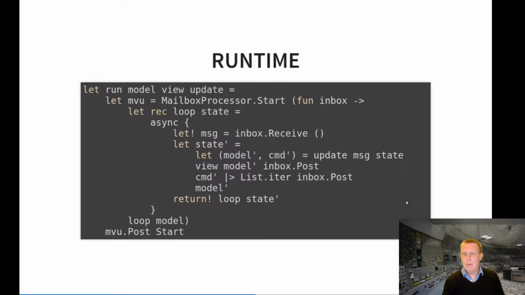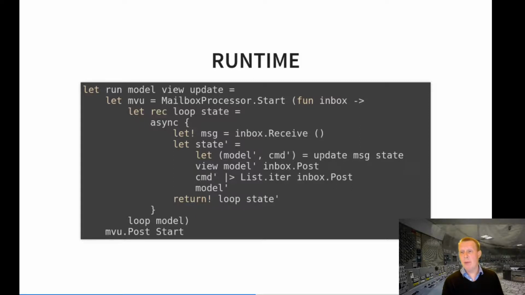So this is how it looks. We define a function, we call it run. It takes a model, which is just some data, it takes a view, which is this view function, and then it takes an update function. And then we create a mailbox processor, we start it, it gets an inbox. Internally we create an infinite loop, which contains the state. And then it will receive a message, and then it will call the update function with the message and the current state.